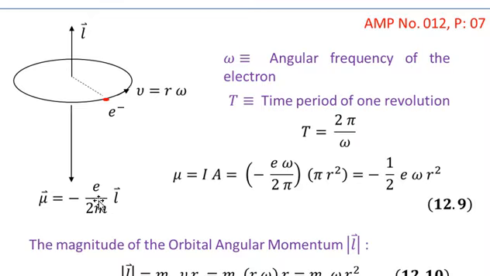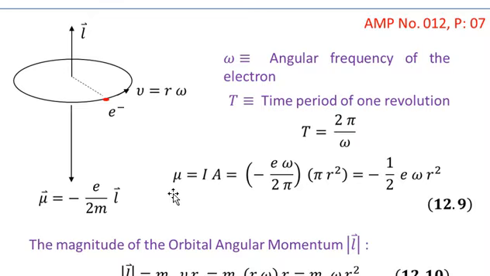But here you must remember that this magnetic moment mu is actually the orbital magnetic moment. If you want, you can place a subscript L here. And this vector L is the orbital angular momentum of the electron. These quantities are oppositely directed to each other.